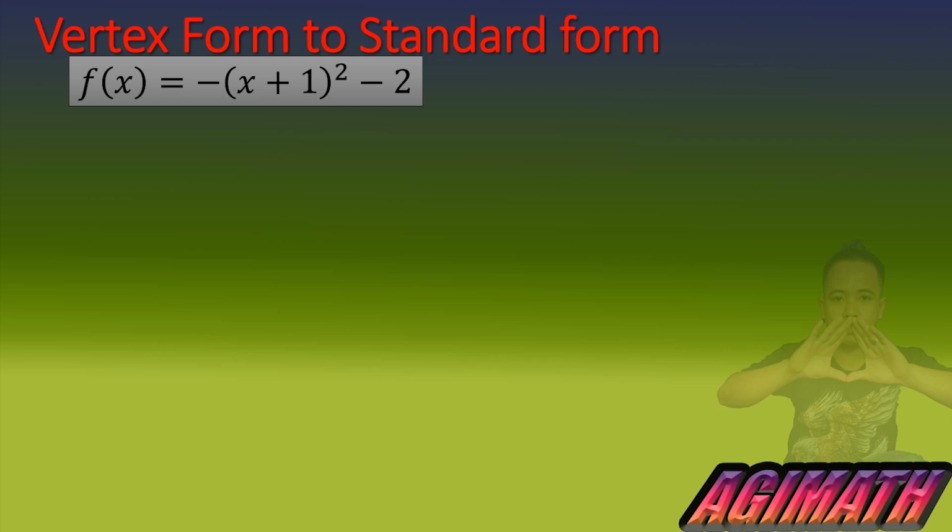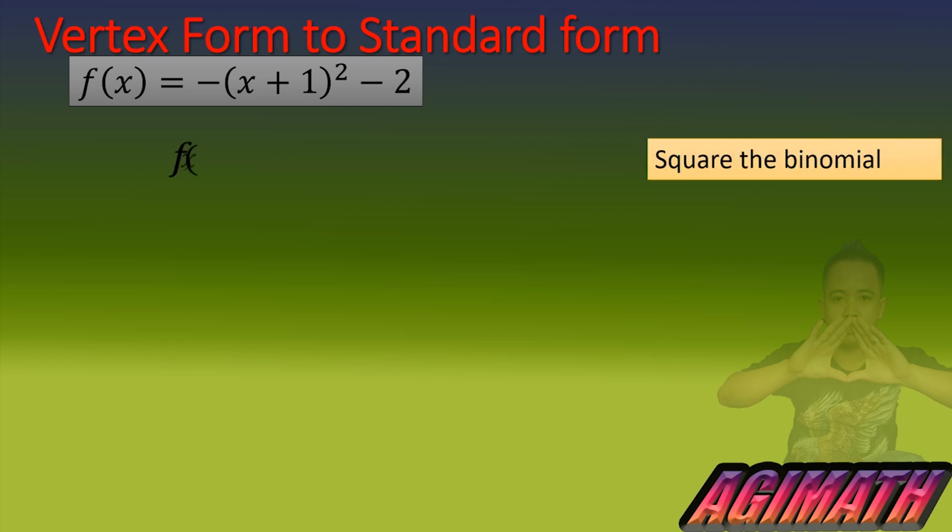Again, the process is just the same. You start by squaring the binomial. So you will have f of x equals negative. Just stand by there, because we are going to do this binomial first. Square the binomial: square the first term, so that is x squared. Since this is plus, you will also have plus.